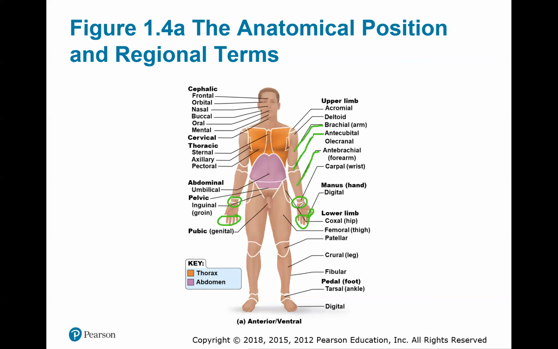All right, looking at the lower extremity here, we have the coxal region, which is the hips. And actually, when we discuss the hip bones, it's 3 fused bones put together, and we call it the os coxa. So coxal region, hip region.